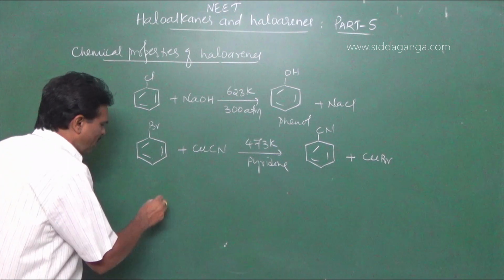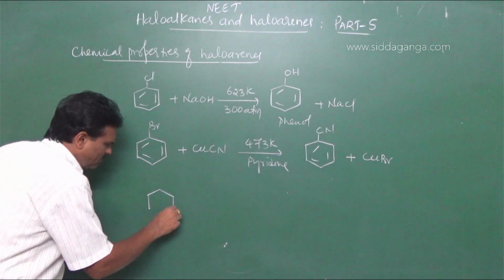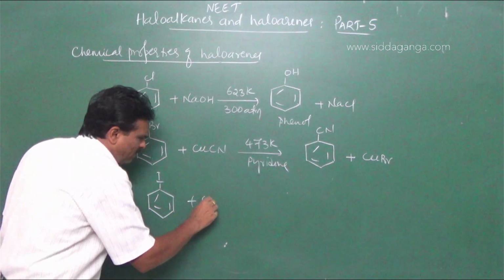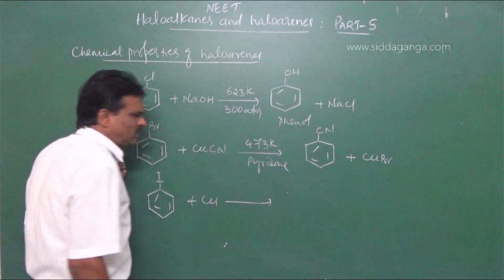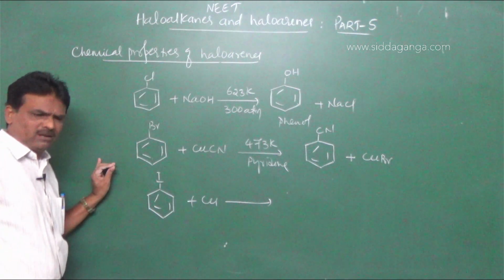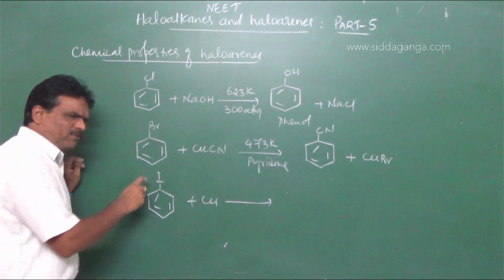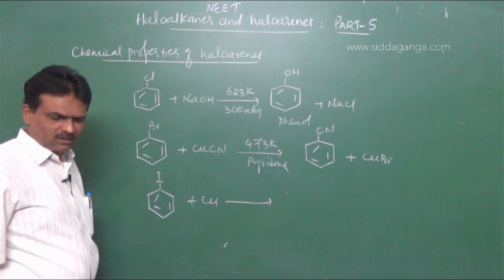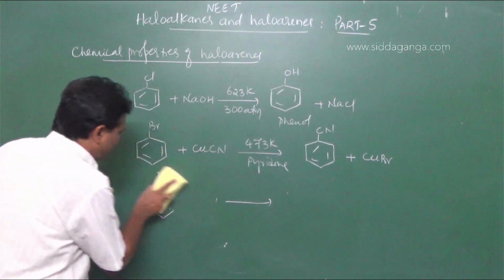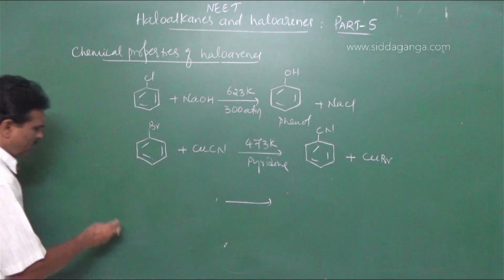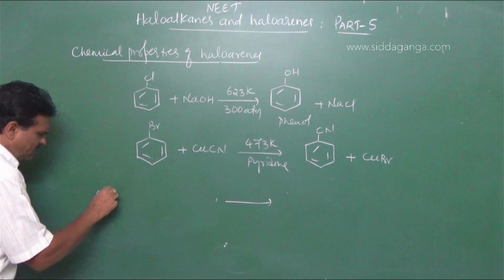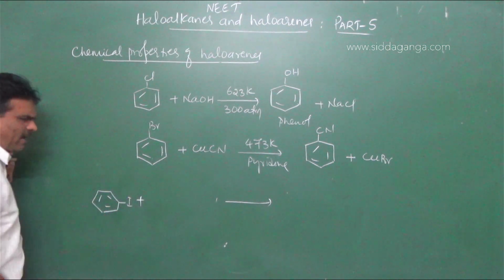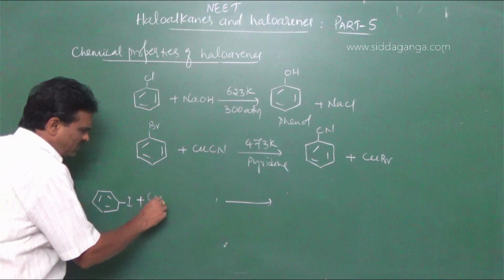When iodobenzene is heated with copper powder, 2 moles of phenyl iodide are involved. The reaction occurs like this. This is phenyl iodide or iodobenzene plus Cu.